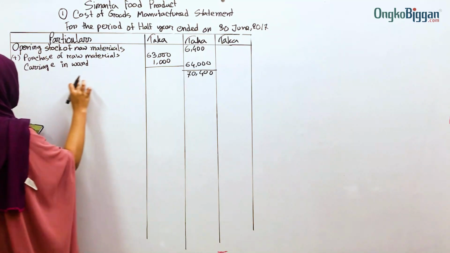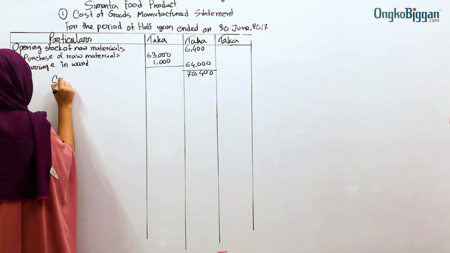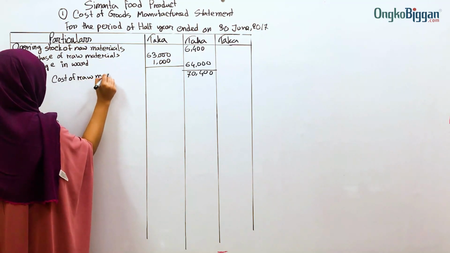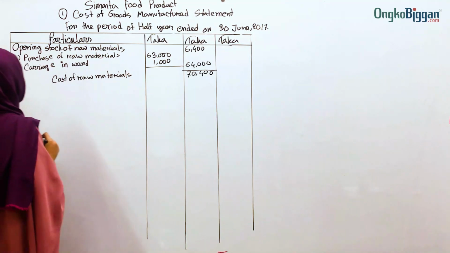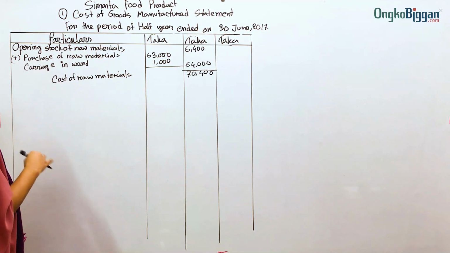And this 70,400 is our cost of raw materials. Yes, right?